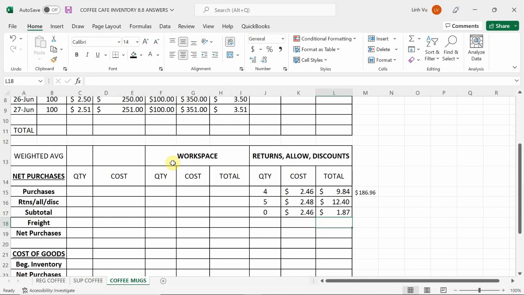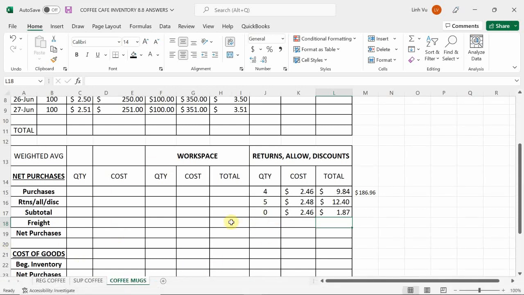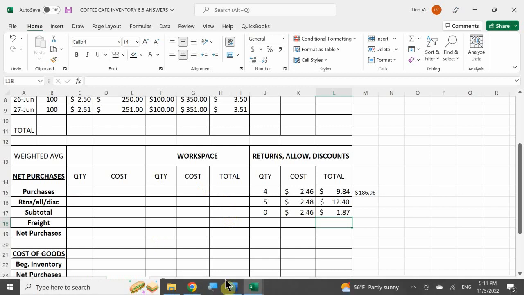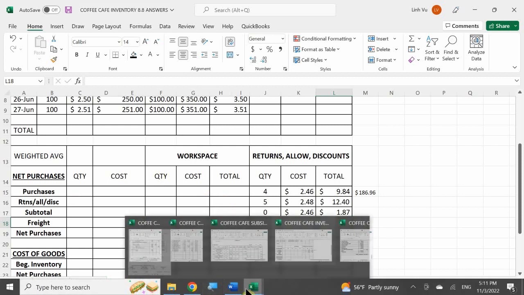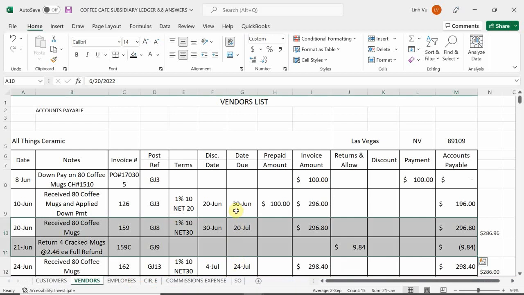So I need to use a contra account, purchase discount, to reduce the purchase expense. In this case, it's going to be for the $1.87 discount. Okay, so go to your subsidiary ledger.